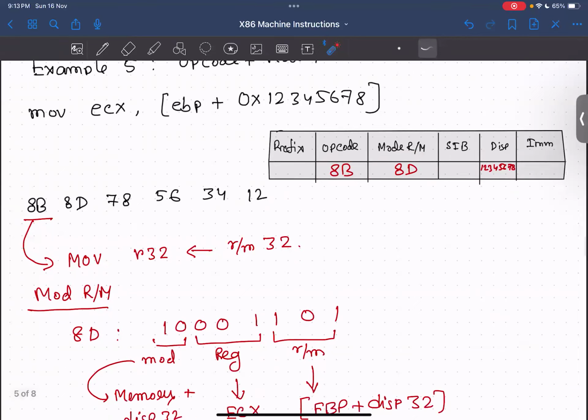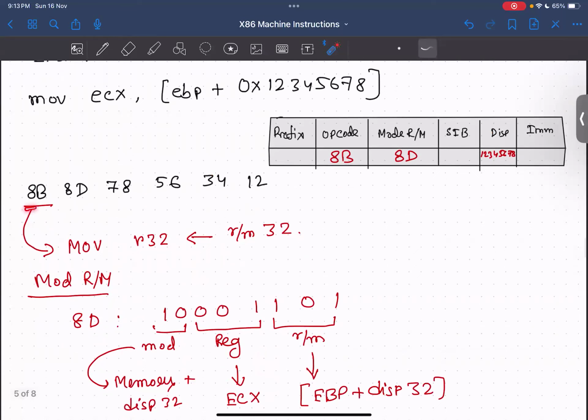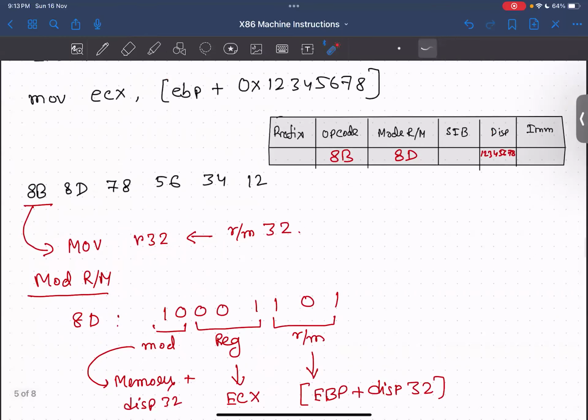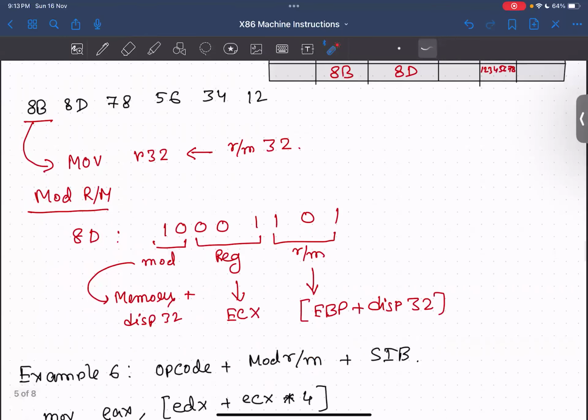Makes sense? So again, let's look at the opcode 8B. We already know what 8B is. It's a move instruction. R32 is our destination register, and the source is mentioned in this R/M configuration. Now, if I expand my 8D, that is the ModRM byte, we'll have 1000 and 1101. We know the first 2 bits are basically mod, and 10 says it's a memory operand with displacement 32, right?